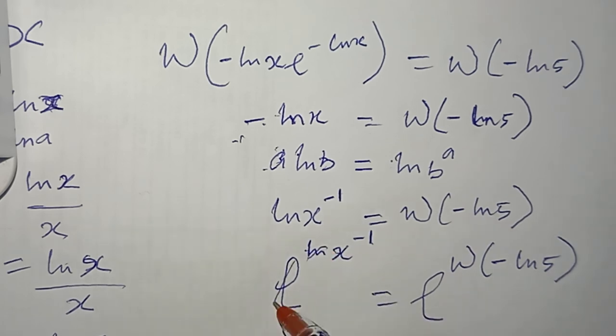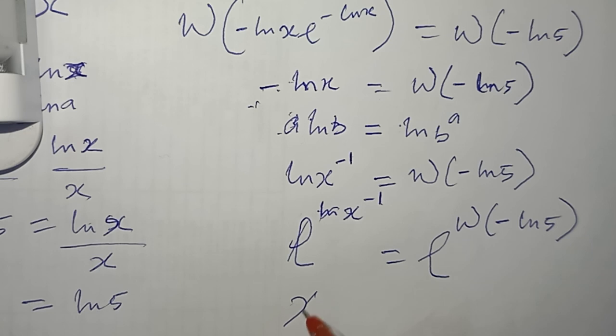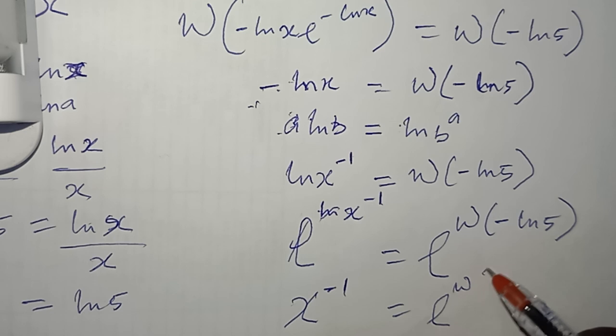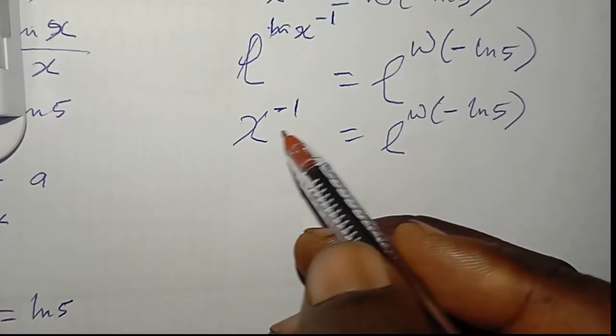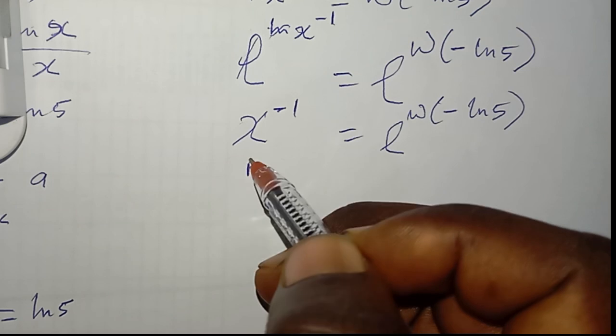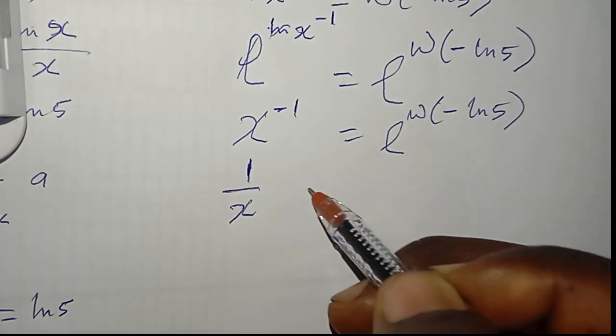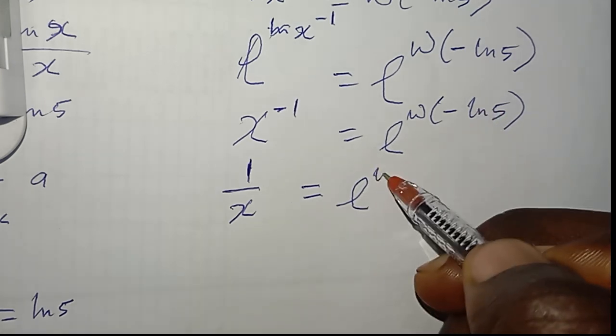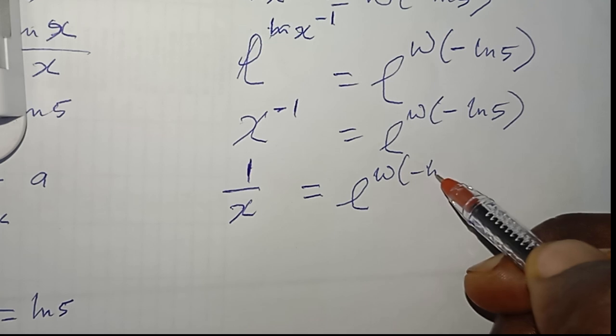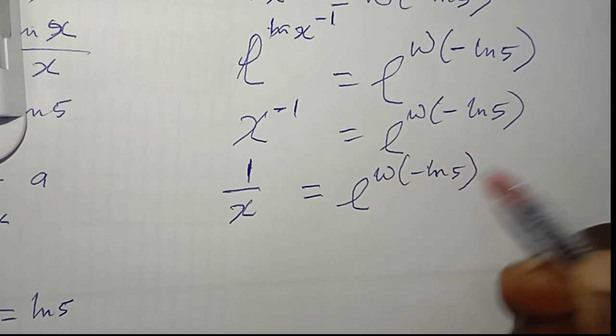Okay, so these cancel, and I'm left with x power -1 is equal to exponential Lambert W function of negative natural log of 5. So moving on, I can also write this as 1 over x is equal to exponential Lambert W function of negative natural log of 5.